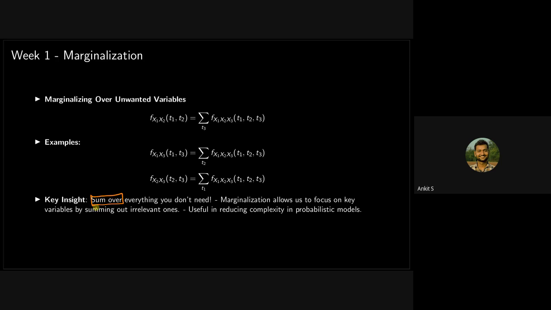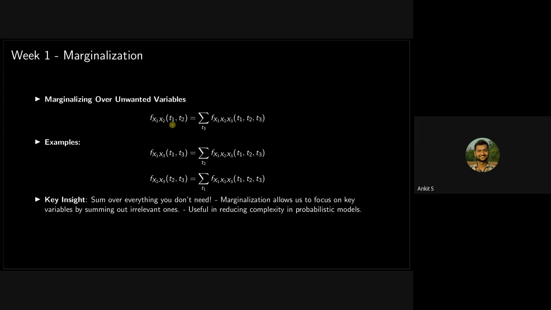Probability. Which probability? Joint, marginal, or conditional? This is the joint probability, right? So we are summing the joint probabilities, summing over everything we don't need.